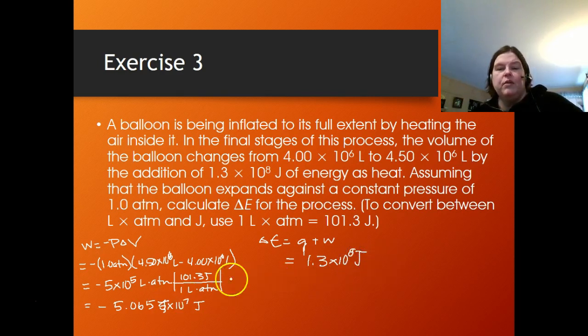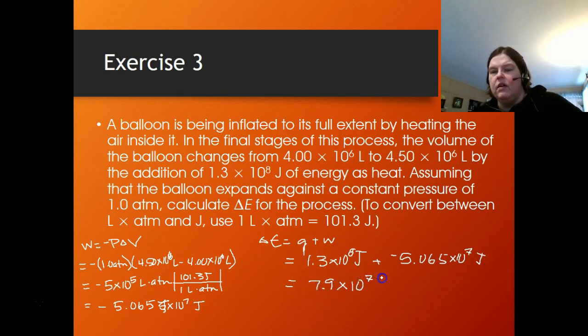And we can see that the W is negative. So we're adding negative 5.065 times 10 to the 7th joules. And we add all that together and we end up with 7.9 times 10 to the 7th joules of energy.